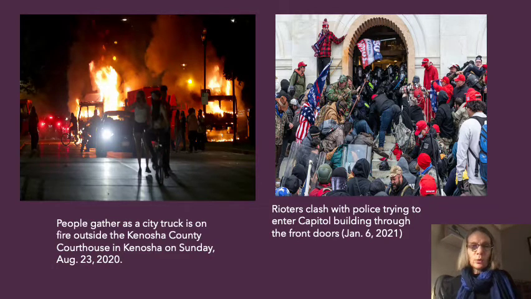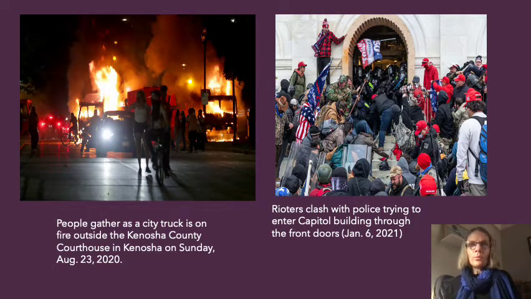And while the vast majority of the protesters during the day in Kenosha were peaceful, at night it was a different story. And so that's an example of a picture of how public city trucks were set on fire, and an example of the kinds of behaviors that are illegal. On the other side, we're well aware that on January 6th, there was a big protest in Washington, D.C.